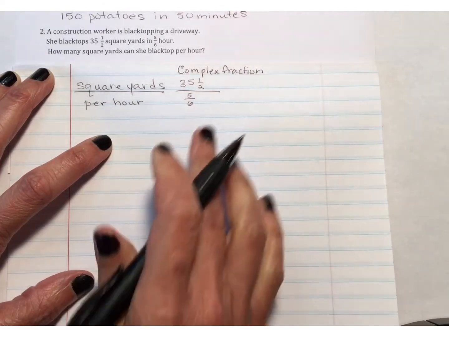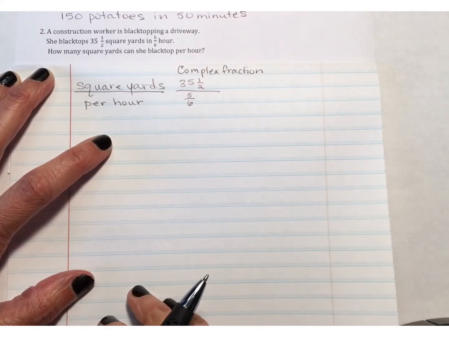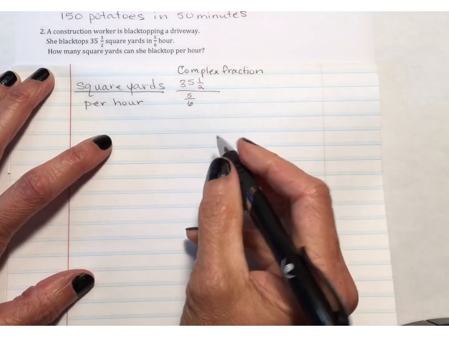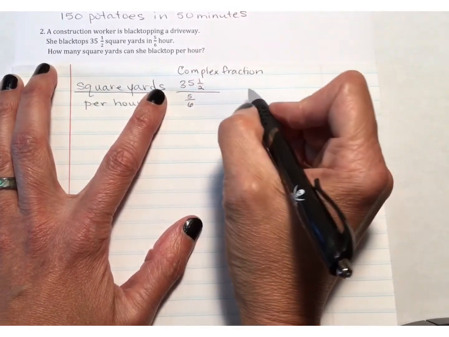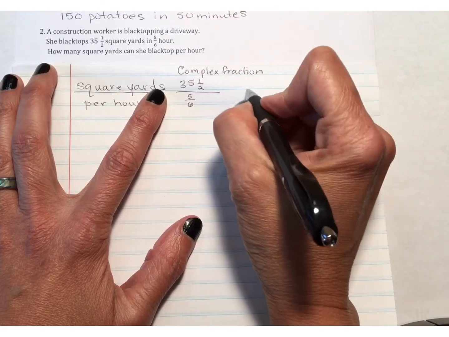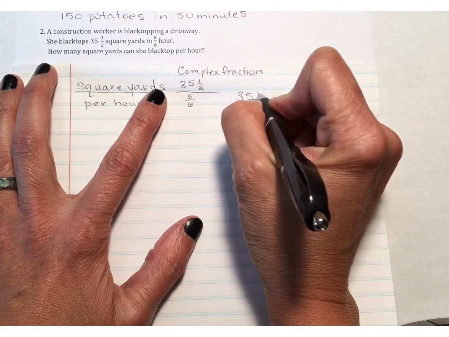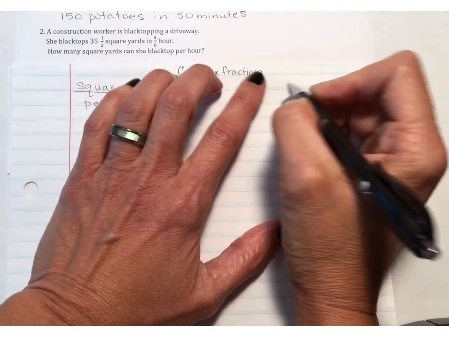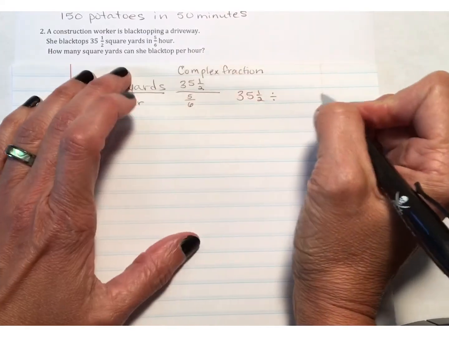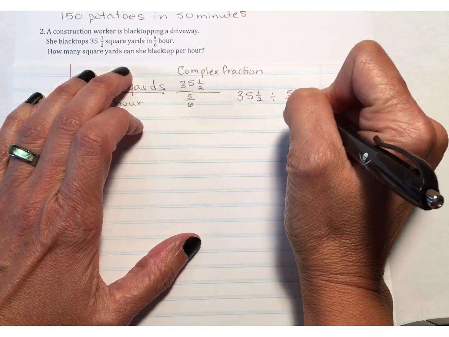And what we want to do is rewrite this complex fraction as a division problem. So we're just going to take that 35 and 1/2 and divide by 5/6.